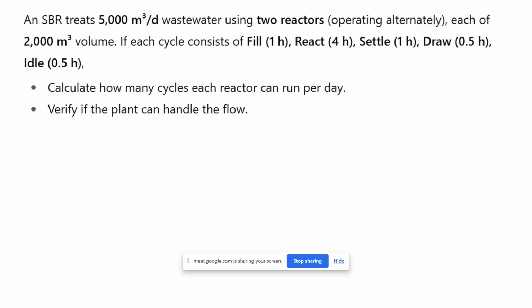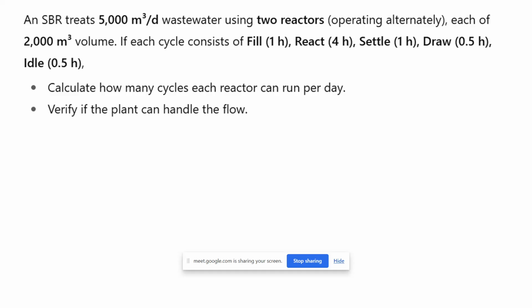Q equals 5000 meter cube per day. We have two reactors with volume of 2000 meter cube. The total cycle time will be 1 plus 4 plus 1 plus 0.5 plus 0.5, which is equal to 7 hours. For one reactor in one day, how many cycles can it handle? It's 24 divided by 7.